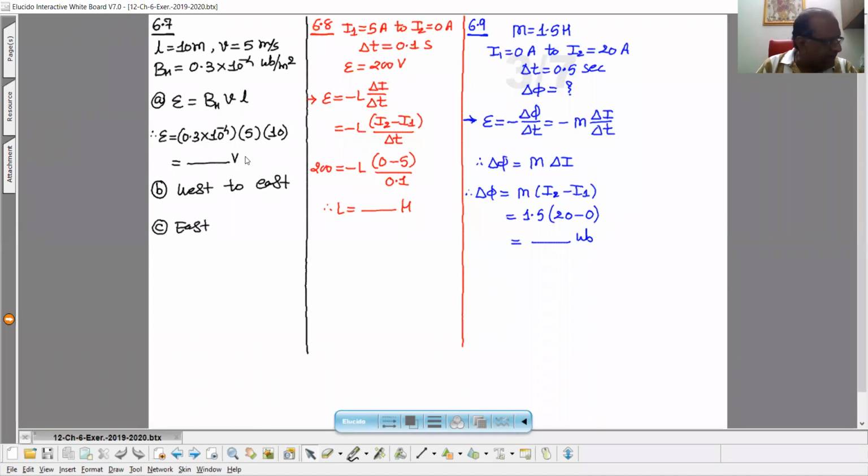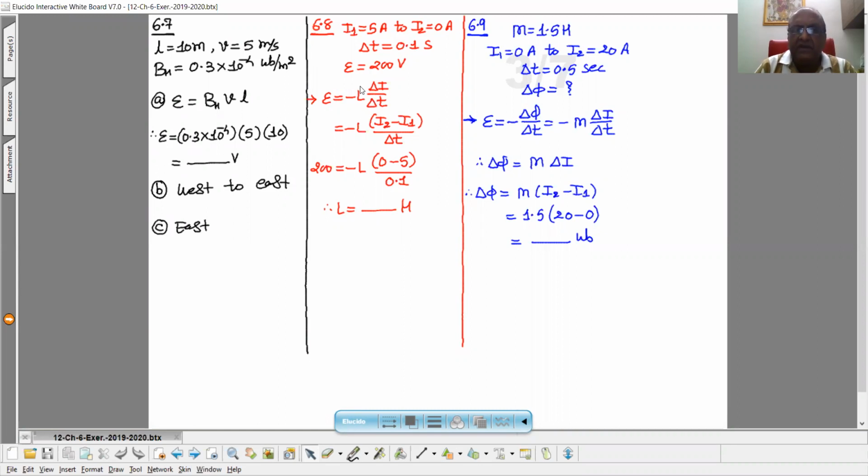Then 6.8. Current in a circuit falls from 5 ampere to 0 ampere in 0.1 second. If an average EMF of 200 volt is induced, give an estimate of the self-inductance of the circuit. Very simple. See, current I1, 5 ampere, changes to I2, 0 ampere, in time interval delta t, that is 0.1 second.